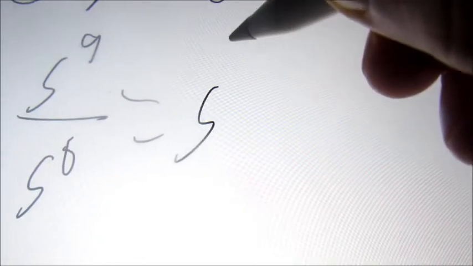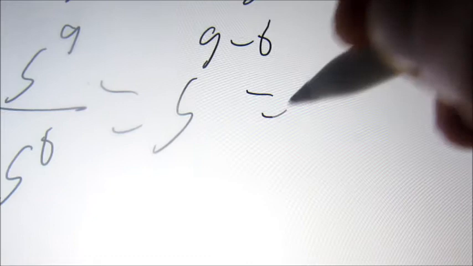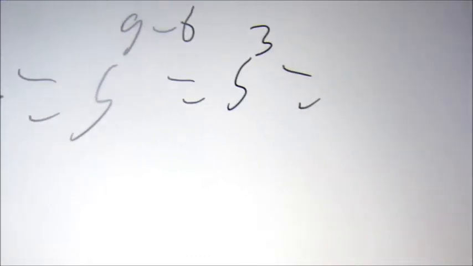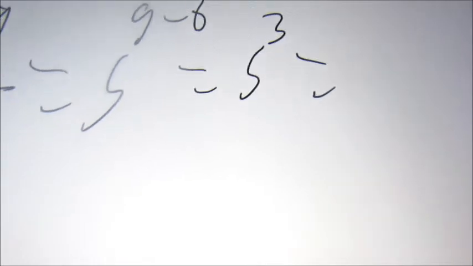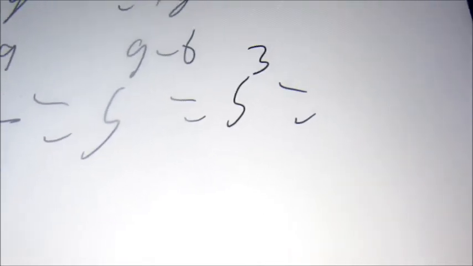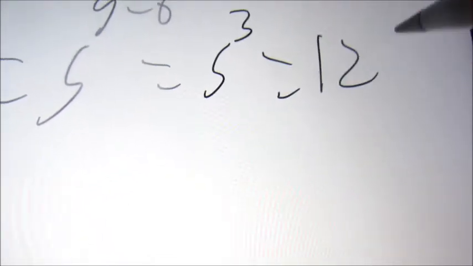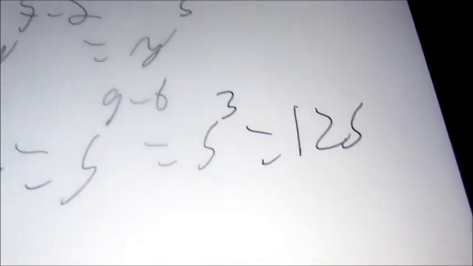So let's do the subtraction first, because we have the same bases, and that's what we have to have, is the same base. So 5 to the 9 minus 6, which equals 5 to the 3, and that's much easier to do. 5 times 5 is 25, times 5 is 125.